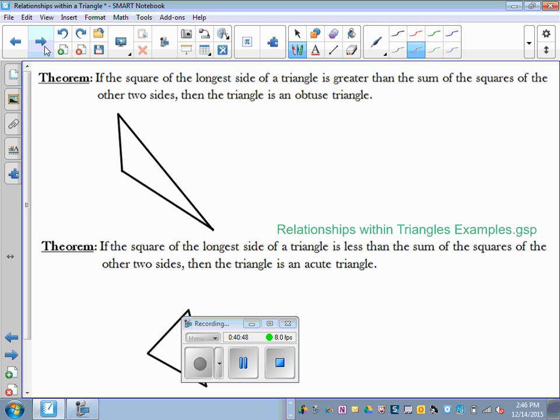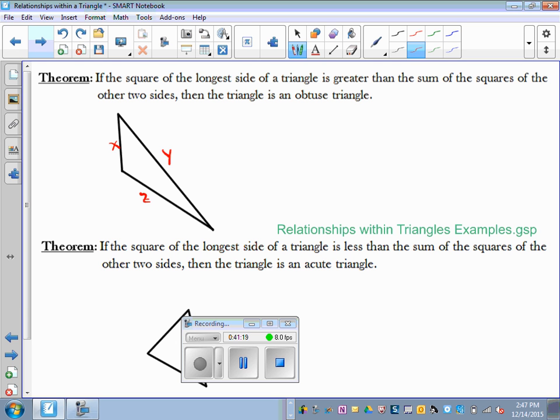If the square of the longest side of a triangle is greater than the sum of the squares of the other two sides, then the triangle is an obtuse triangle. Let me show you this picture here, see if this helps out some. Let's just do x, y, and z, little x, little y, little z, for my sides.